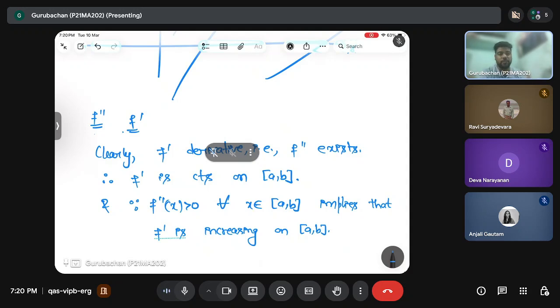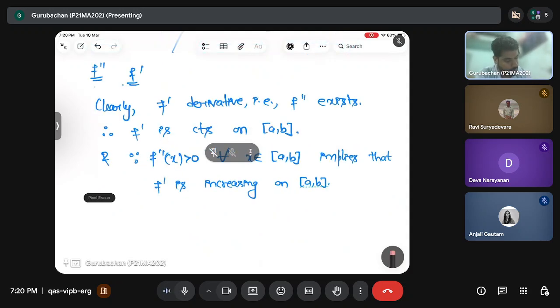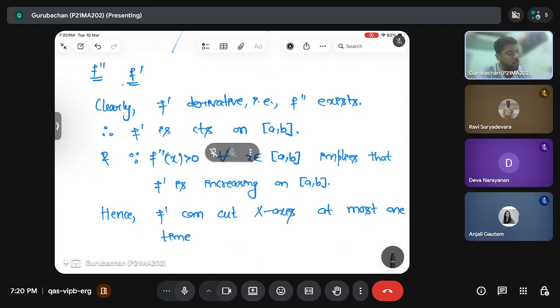Since it's an increasing function, hence f dash can cut the x-axis at most one time only, by location of roots.